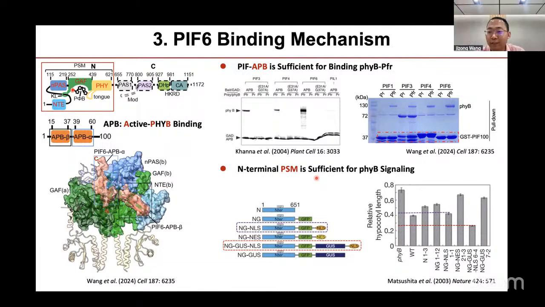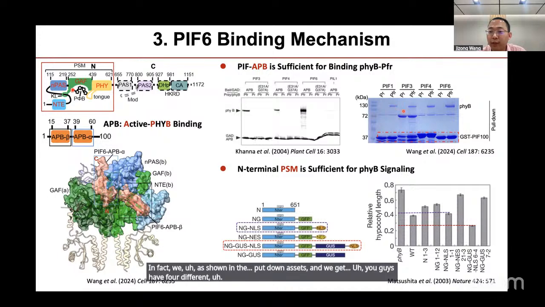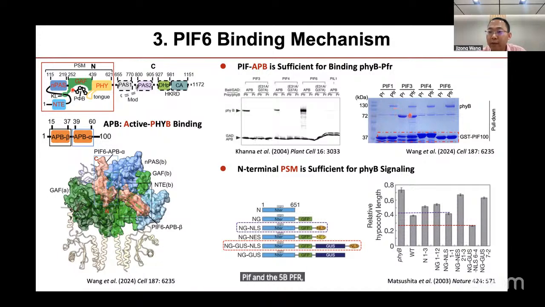Yeah, again, thank you for the very inspiring question. In fact, as shown in the pull-down assays, we got four different PIF and 5B Pfr complexes. And we also have tried to solve all the structures, but only the PIF6 and 5B complex was solved.